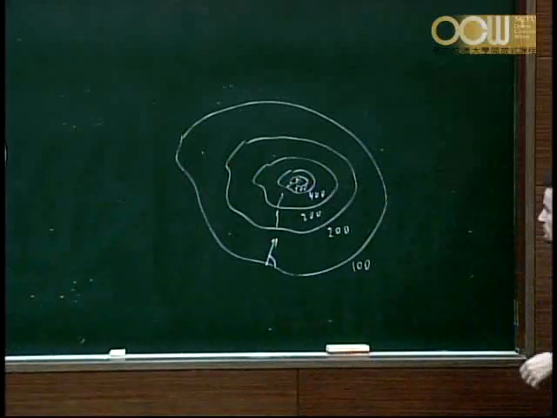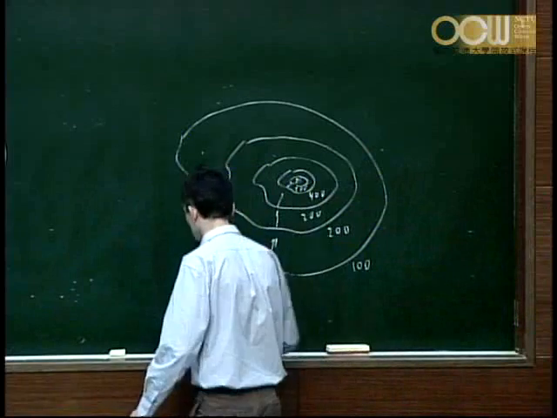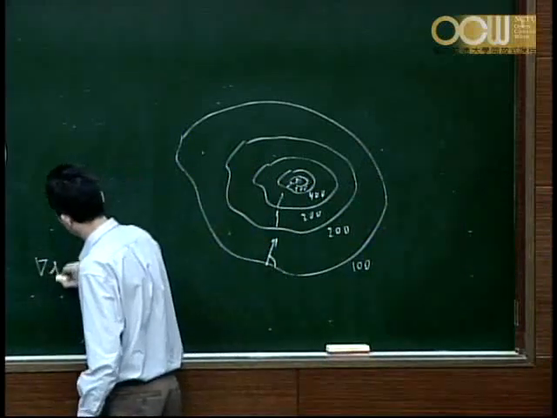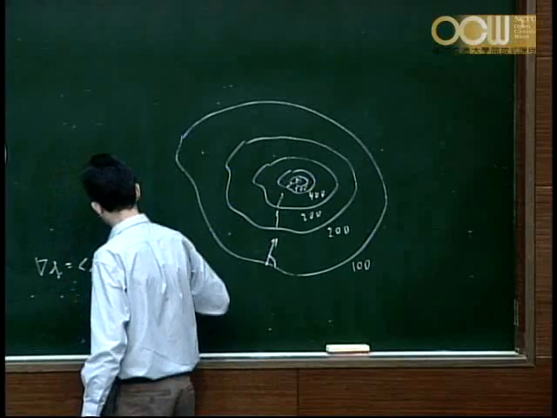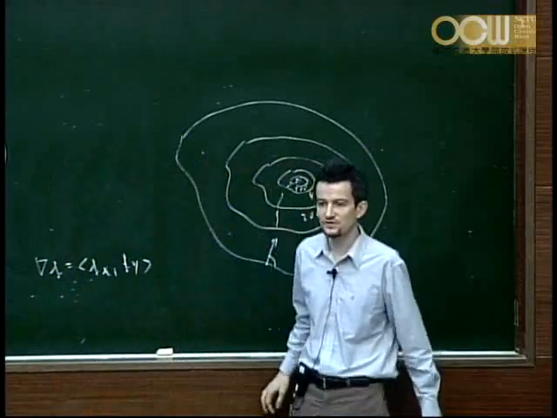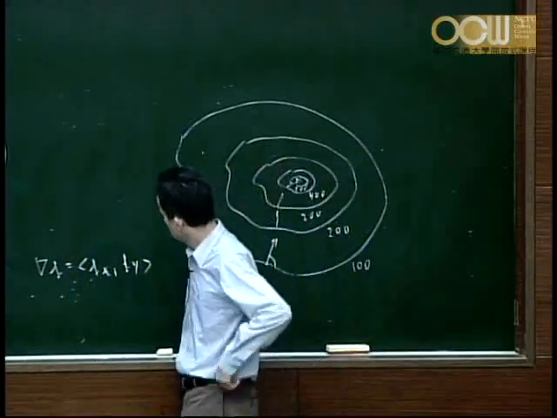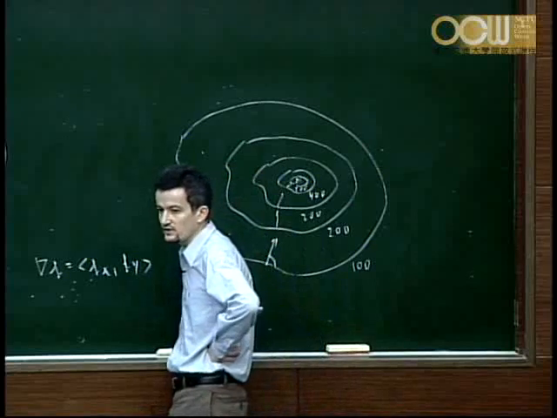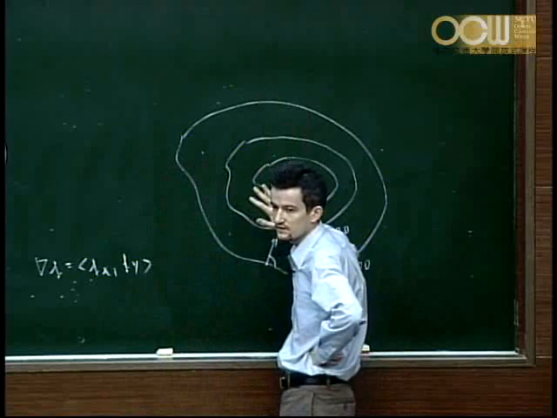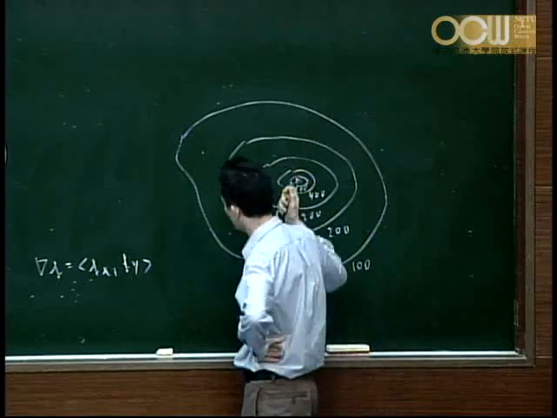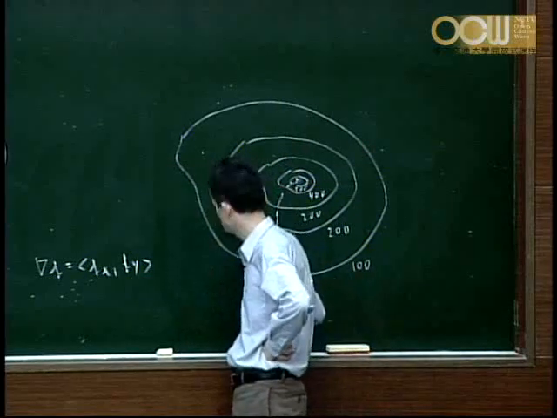Actually, you see that the gradient is a special function which attaches to every point in the plane a vector. For every point in the plane you have a vector attached to this point.